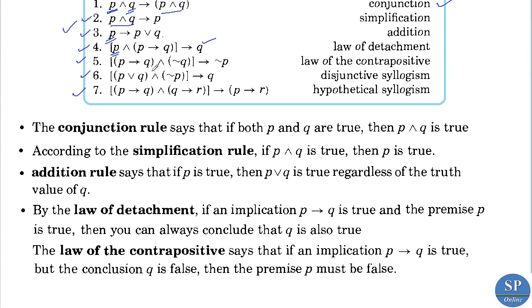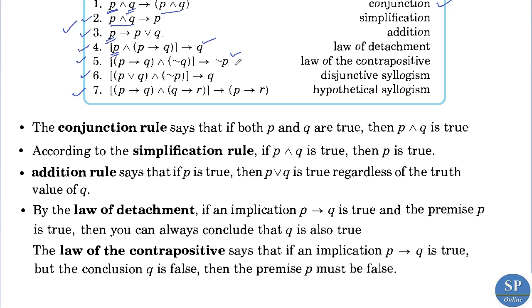And fifth one is law of the contrapositive. It says that if P implies Q is true and negation Q is true, which means Q is false, then we can say that P is also false.